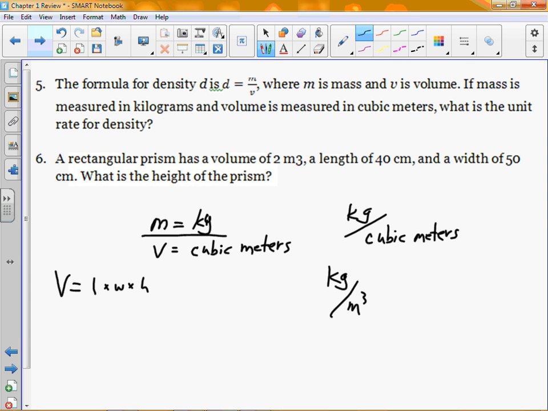Length times width times height. So the volume is 2. Everybody see what I see? Again, guys, this right here is probably written wrong. It should be written like that. So the volume is 2 meters.